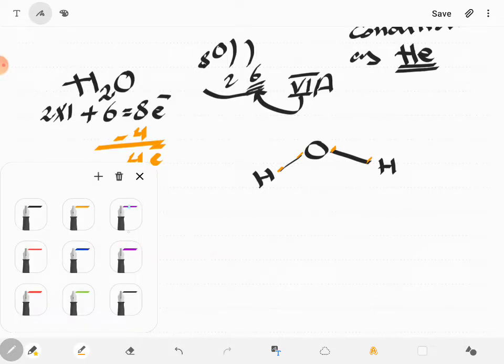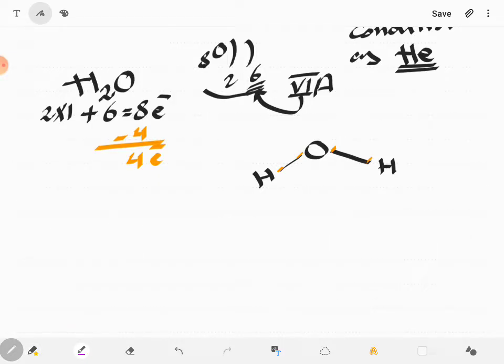We should put these for the external atoms first to complete them. But we said there is an exception for hydrogen. It already has 2, so done. So I'll put the 4 electrons here, 1, 2, 3, 4. This is the Lewis structure for water. Done.